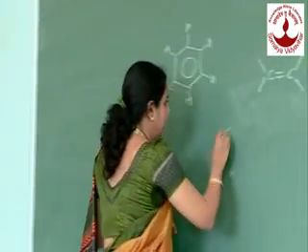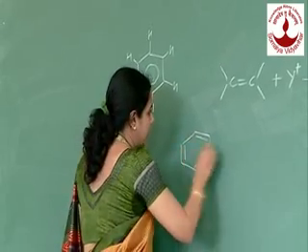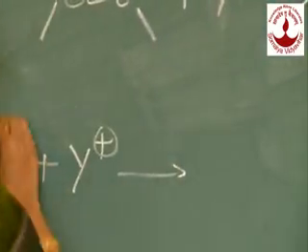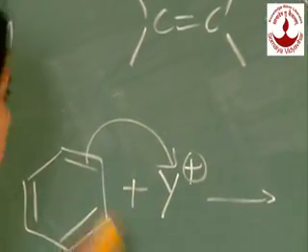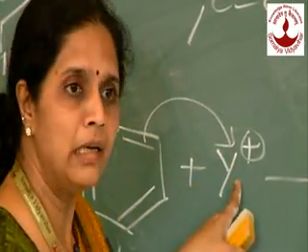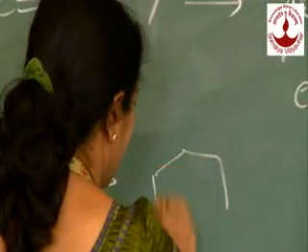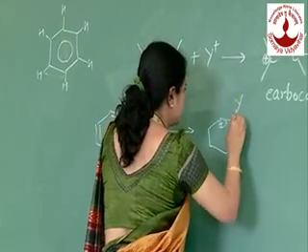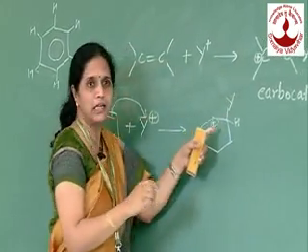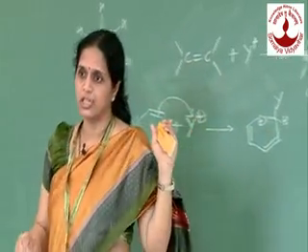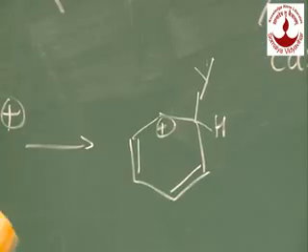When an aromatic ring, aromatic nucleus reacts with an electrophile, again a carbocation is generated because a double bond opens up and forms a sigma bond between this carbon atom and the electrophile. So the octet of this carbon atom, which is adjacent to the carbon atom which is attacked by the electrophile, is incomplete, and therefore there is a positive charge there, and thus an arenium carbocation is generated.